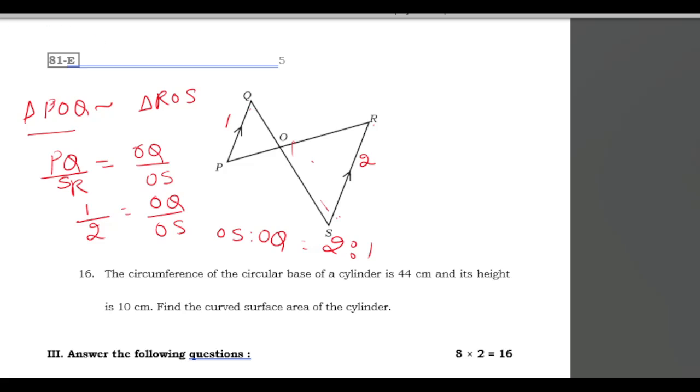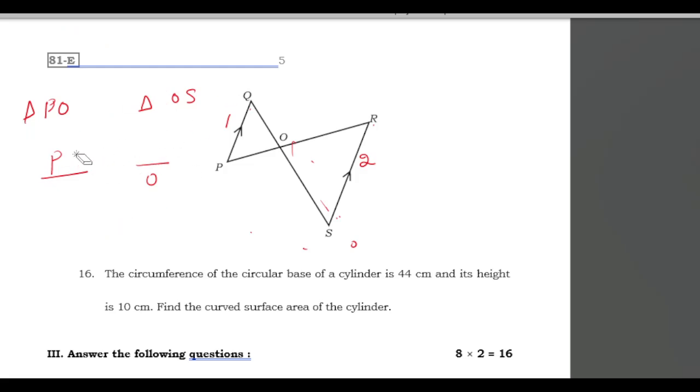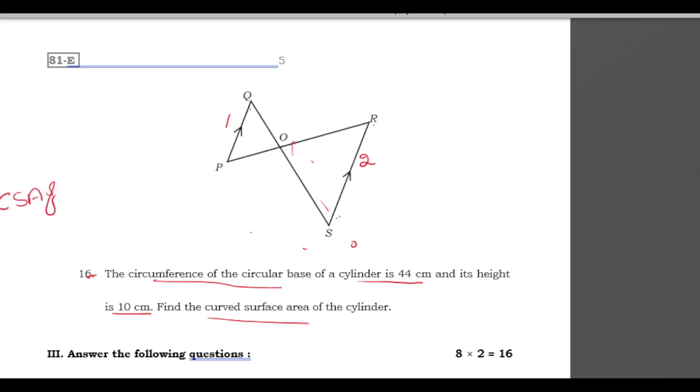Next we move on to another question, the 16th. The circumference of the base of a cylinder is 44 centimeter. The height is 10 centimeter. Find the curved surface area of the cylinder. We know the formula for curved surface area of a cylinder is 2 pi r h.